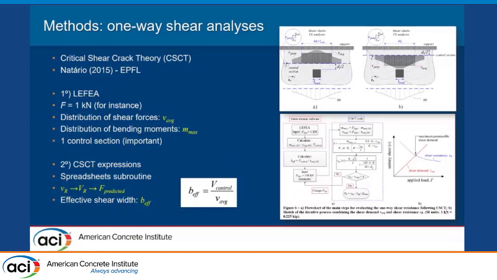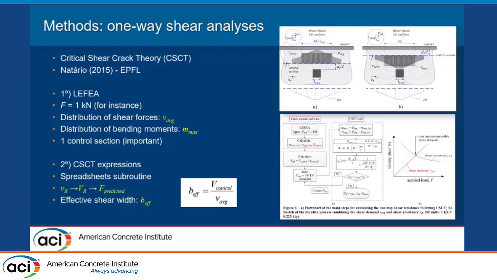So the one-way shear method that combines linear elastic analysis with the critical shear crack theory expressions is presented in detail in the thesis from Natario, from Lausanne. And the idea of the method is to use the linear elastic analysis to estimate the average shear demand and the maximum bending moments on one control section close to the load or to the support, depending on the boundary conditions.